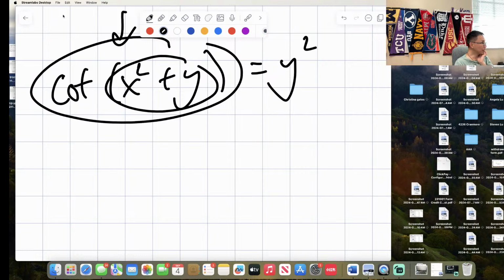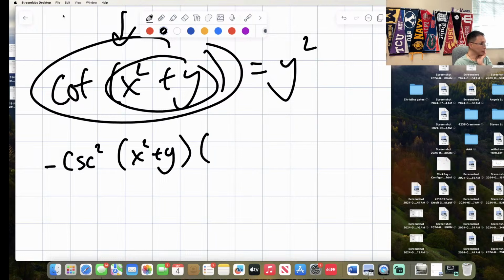So what's the derivative of cotangent? What is it? Negative cosecant squared of x squared plus y. But then you have to take a derivative of the inside, which is what? 2x plus dy dx. And that's equal to 2y dy dx.